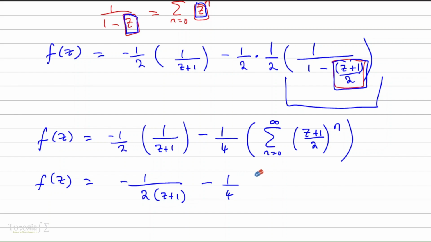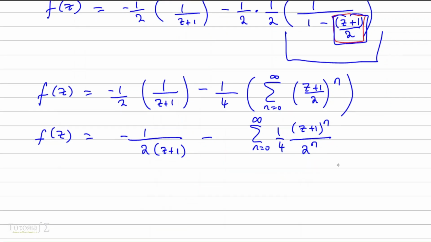Then here we have the sum from 0 to infinity. We can break this part into two parts. We need the z plus 1 there to the power n over 2 to the power n. So this 4 can be brought inside as 1 over 4, the way it is.